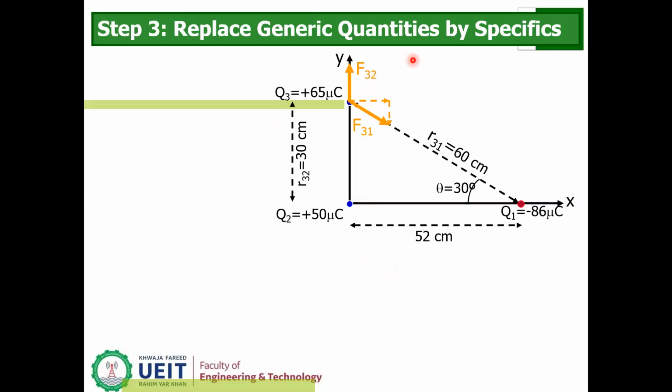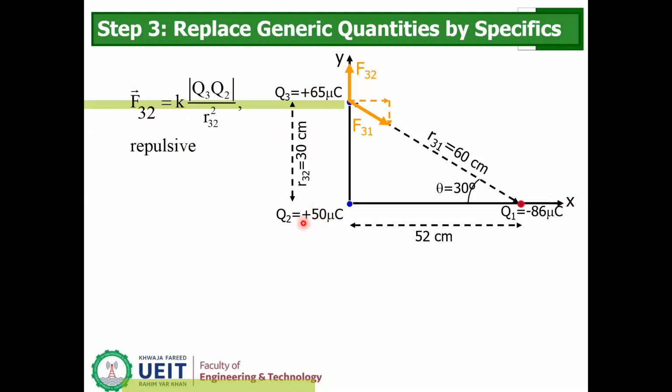Step 3. Replace generic quantities by specific ones. F32, the force exerted by point 3 on point 2, will be equal to K times the magnitude of Q3 Q2 divided by R32 squared. R32 is the distance between point 3 and point 2. This is repulsive because the point charges are positive.